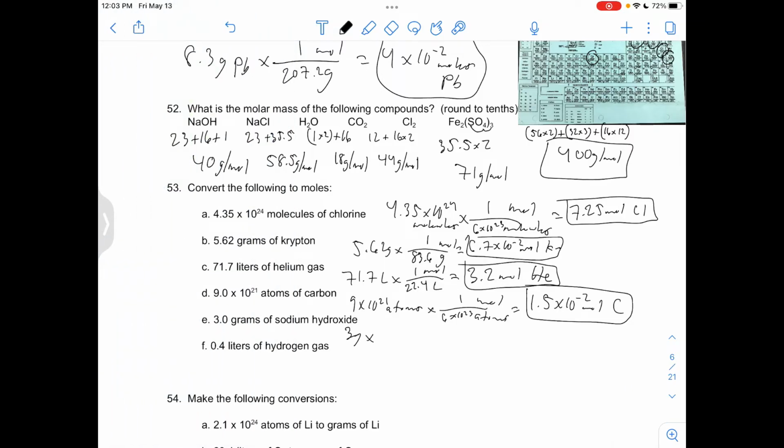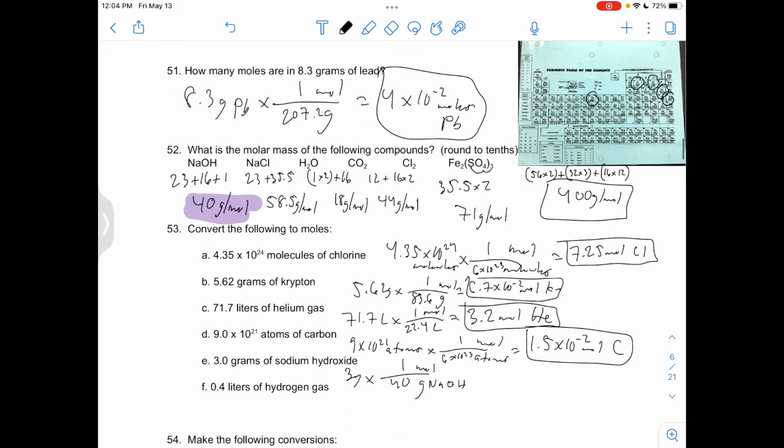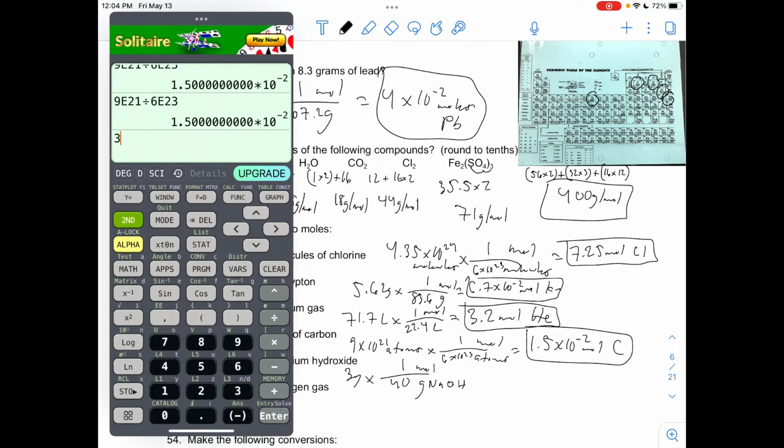Okay, 3 grams of sodium hydroxide, so grams of NaOH. NaOH we found up here, which is 40. We found it already, so I'm not going to calculate, just adding up Na plus O and H. So 3 divided by 40 is 7.5 times 10 to the negative 2 moles of NaOH.